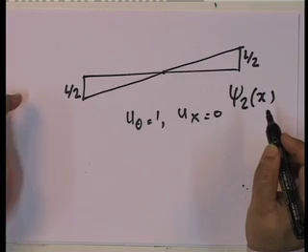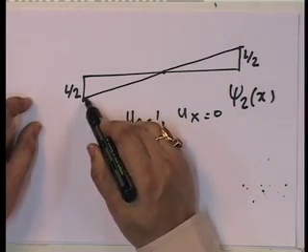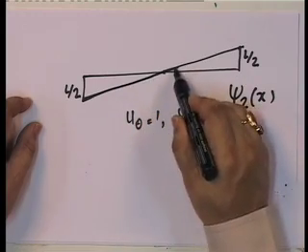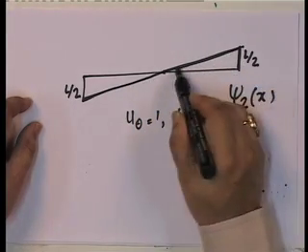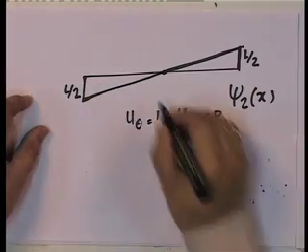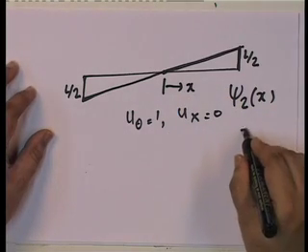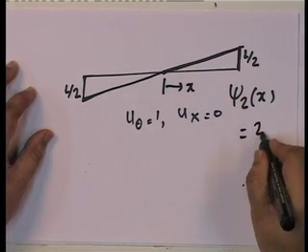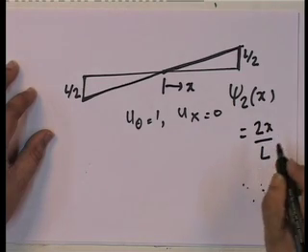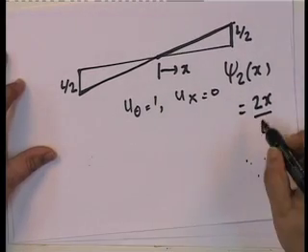I do not need to go through what xi 2 x is, but if I take x from here, then xi 2 is equal to 2 x by L. Sorry, it is u theta equal to 1.